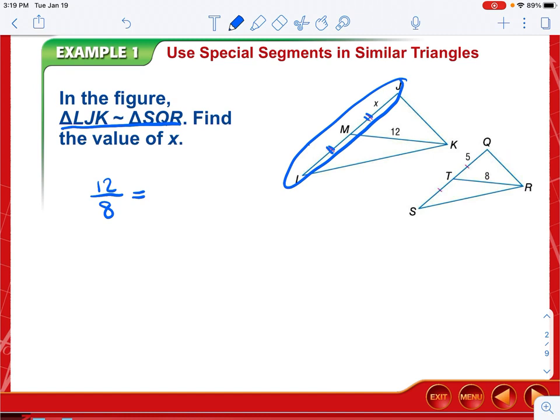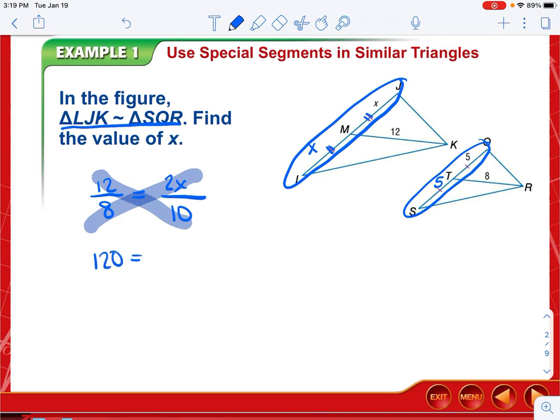Notice it would be double x plus x is 2x over, same thing, whole length. 5 plus 5 is 10. You can cross multiply to solve. And you end up getting 7.5 is equal to x.